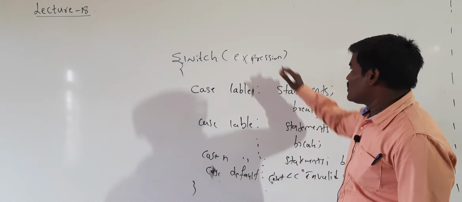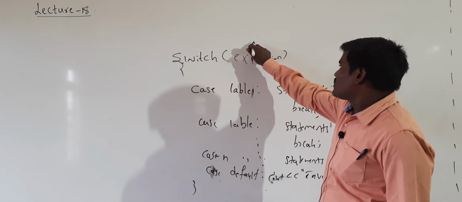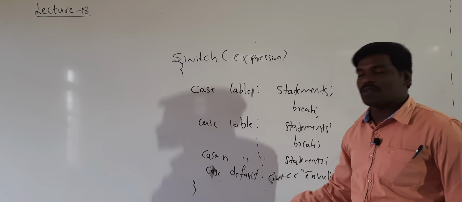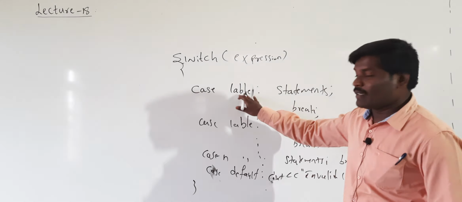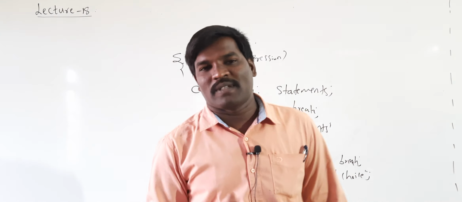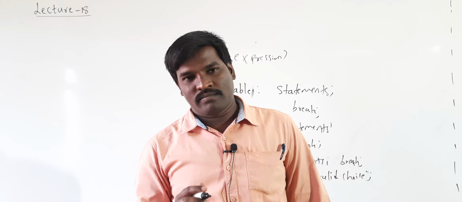See here, if the expression is a character, you have to write case label, label 1, label 2 up to default. Here label indicates either an integer value or a character.